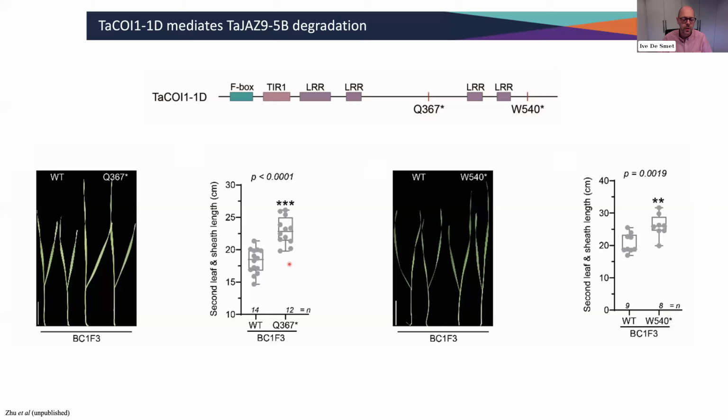And this is in agreement with some of our previous results that jasmonate is indeed repressing overall seedling growth. And this also plays a role under elevated temperature. So on the one hand, we have demonstrated that COI1 1D is encoding a functional jasmonate receptor, and that the role of this receptor is to control overall at least early seedling growth.